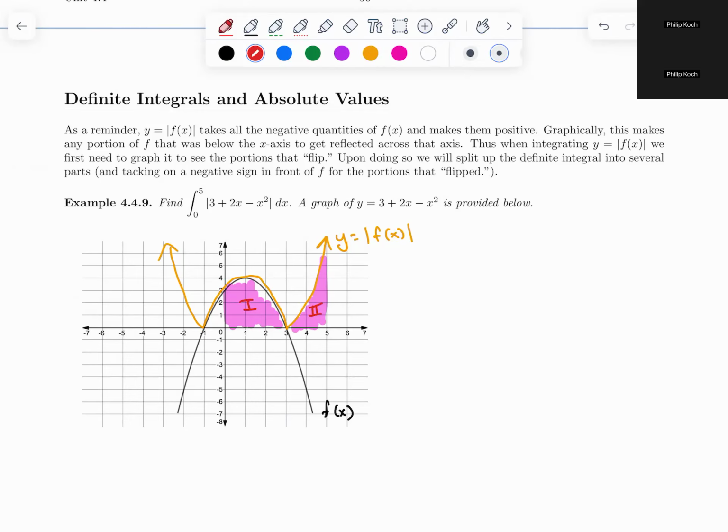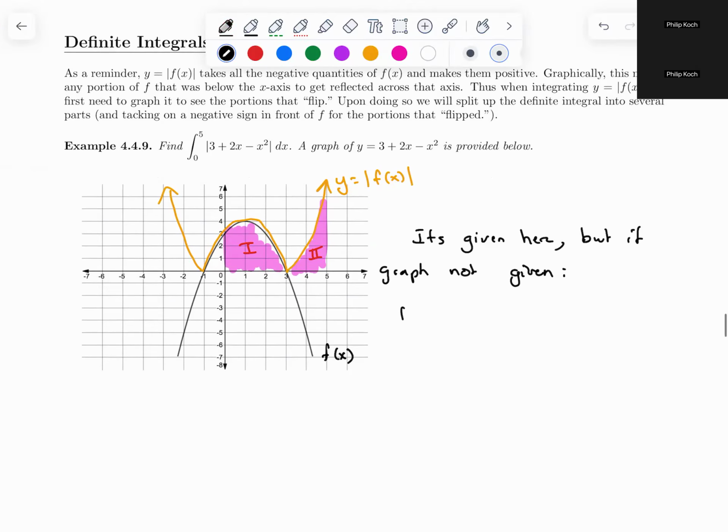So if the graph is not given, you're going to set f of x equal to 0 to find its critical values, or what I used to call VIPs in Math 126. We want to know where the original function f, not the absolute value function, is positive and where it's negative.